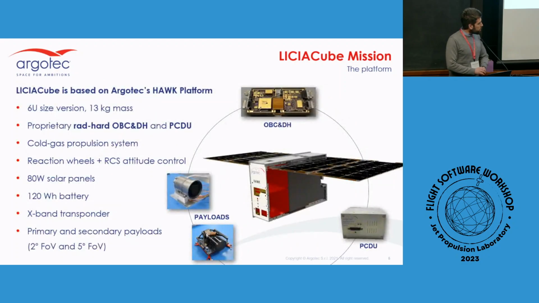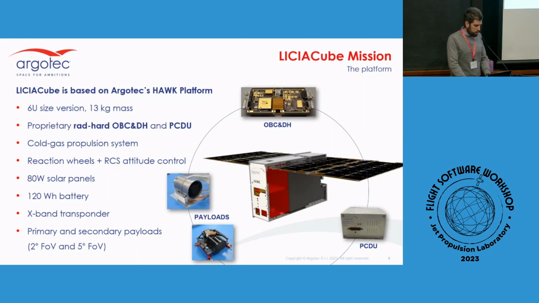The mission was accomplished using our own platform. It was a 6U platform, with our own onboard computer, which was running the RTEMS operating system. So maybe I will add this mission to the list of missions taking advantage of RTEMS. It also had a cold gas propulsion system for the trajectory correction maneuvers, and an ADCS with reaction wheels and RCS control systems.